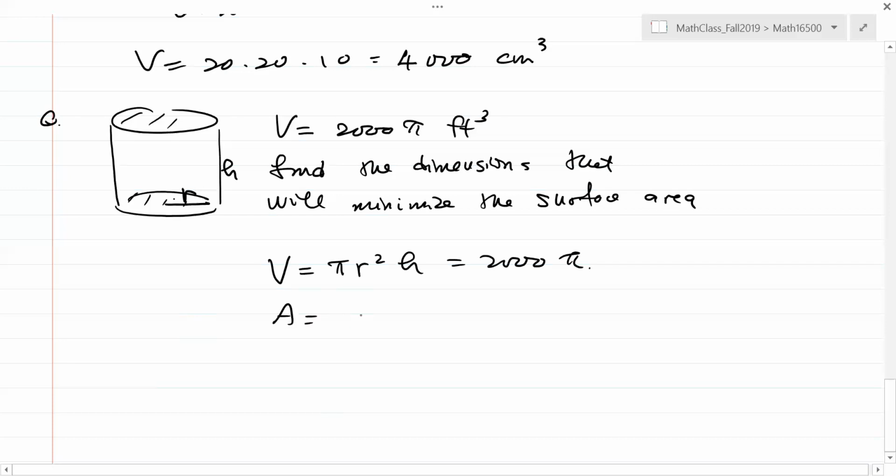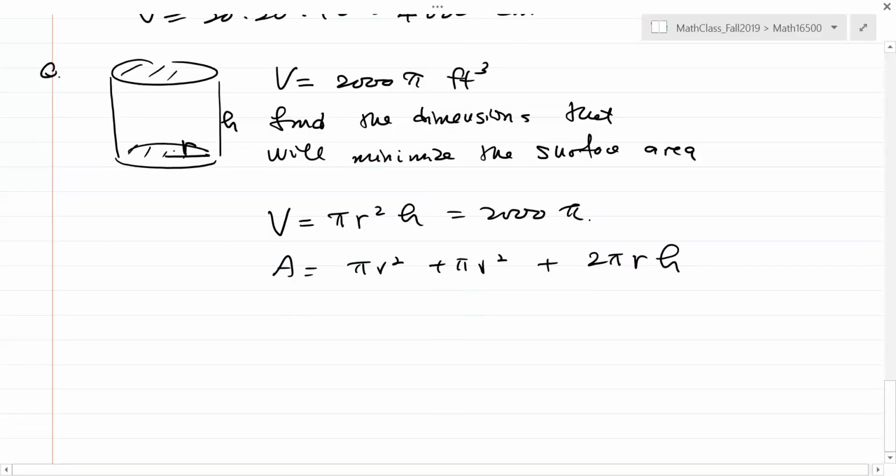You have two disks plus this area. 2 pi r, that's the circumference, times h, gives this area. So altogether you get 2 pi r squared plus 2 pi r h.